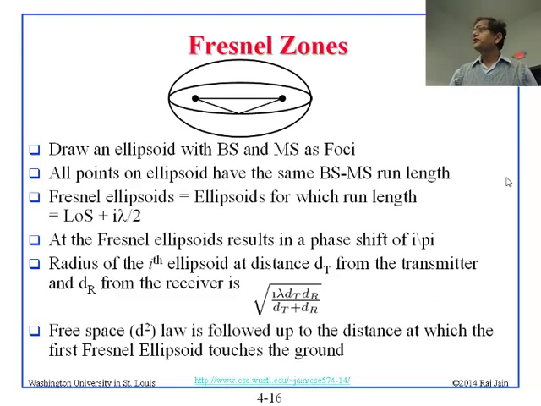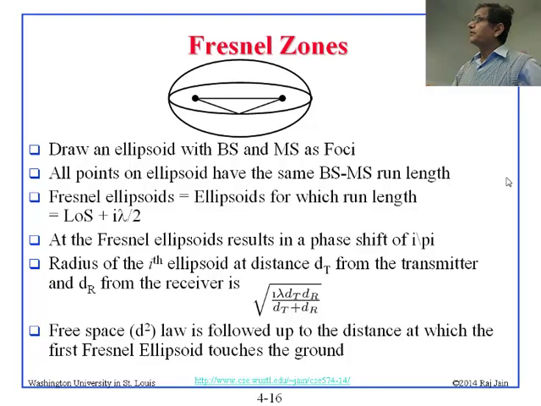Another concept that you need to know is Fresnel zones. The idea is that when you have a transmitter and a receiver, the signal actually travels in many directions, paths, even if it is total open space with nothing to reflect. It really travels in multiple paths.